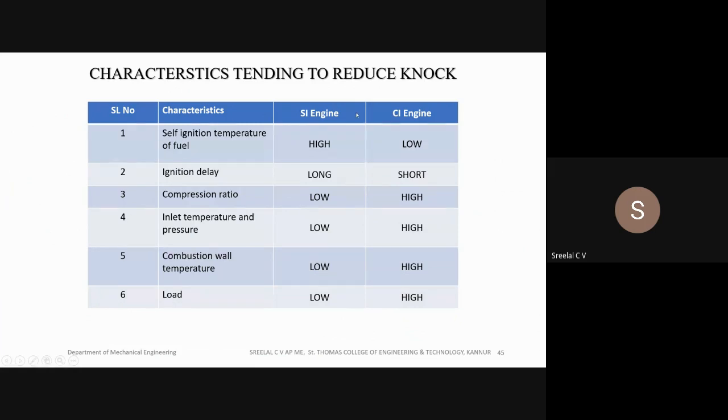In order to reduce the knock in the SI engines, must this be high or low? You have to understand why. You must be clear with all these factors. Except for the combustion wall temperature, for all the other points, 1, 2, 3, 4 and 6, you must be familiar with them, or you must get the answer for each. Try to work out how each one comes about. If you understand it fully in one go, then it is very simple for you. You can write any questions regarding this from this topic.